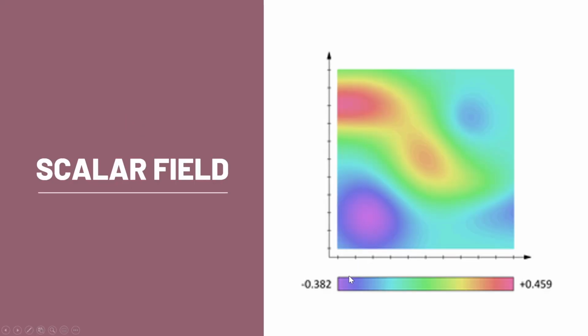For example, the intensity of this scalar field shown in the figure increases as the color changes from violet to pink, meaning the values colored green or yellow are middle values, and the difference in color simply states that there is a different value for each point. So each point in this space would have its own specific scalar value.